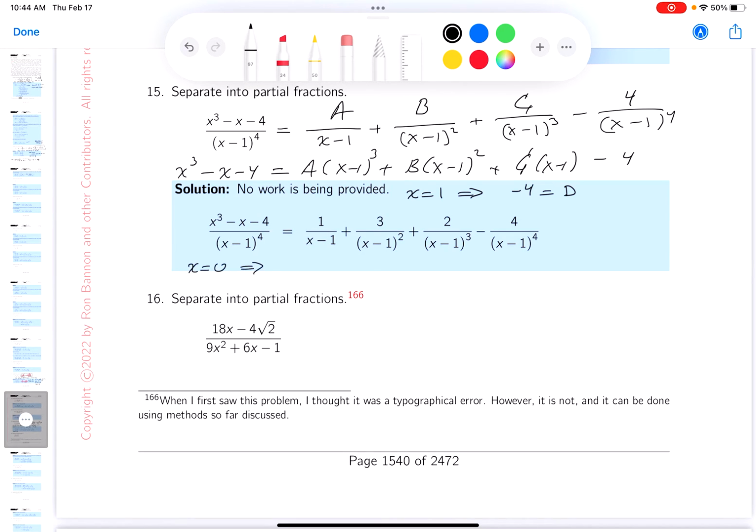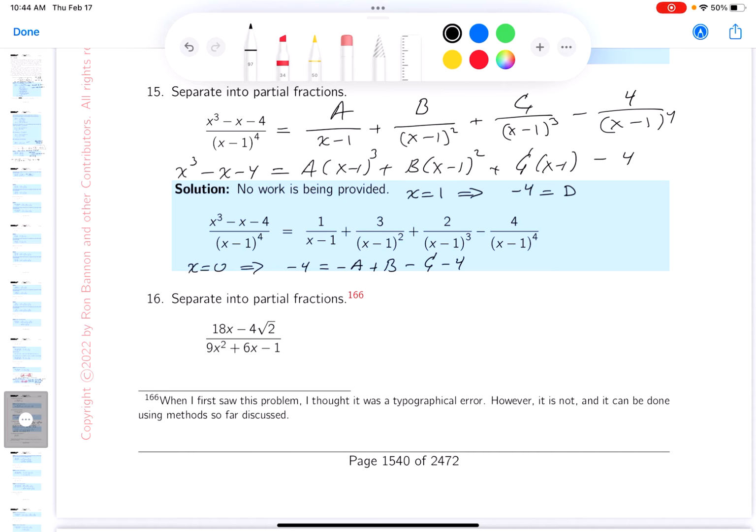And what would you get? You would get minus 4 on the left side. On the right side, I would get minus A plus B minus C minus 4. Let's see if I did that right.